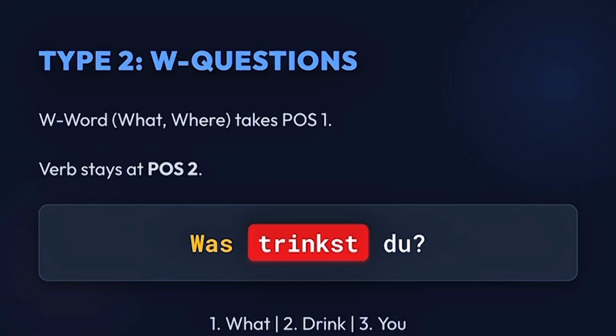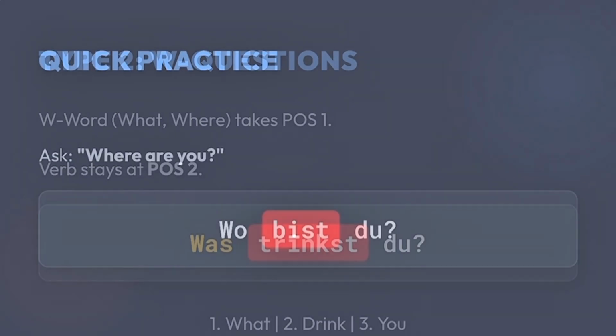So, what do you drink? As you can hear, in English the subject stays in the second position, but in German we have to put du after the verb. So we say was, the W word, in the first position, then the verb, and then du.